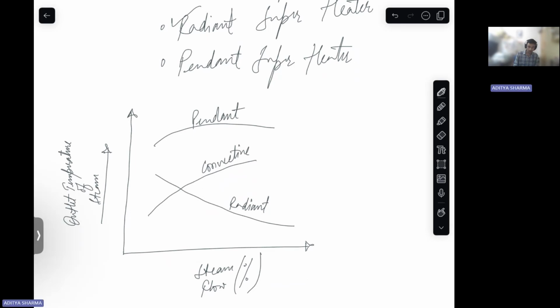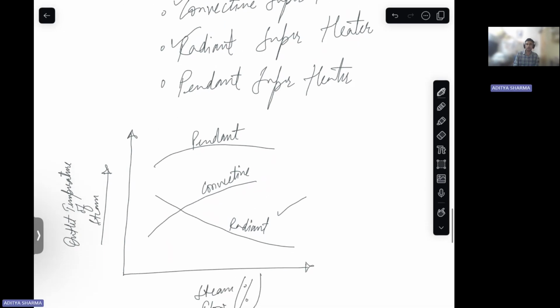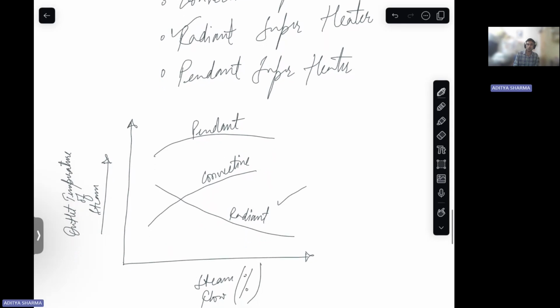But if you see your radiant type of superheating, in that case, with the increase in your load, that is when the steam flow increases in this type of superheater, then the heat transfer rate decreases, right? And then the pendant type is such that we want our superheater to be independent of the load, right?